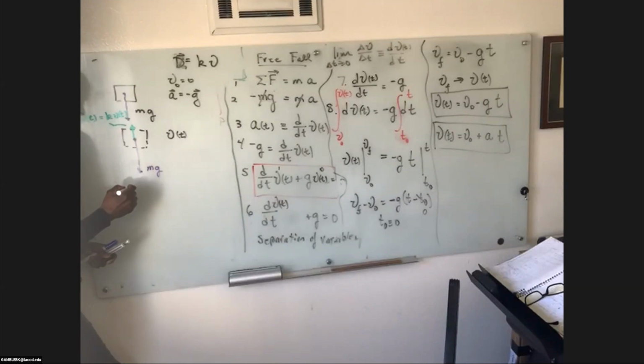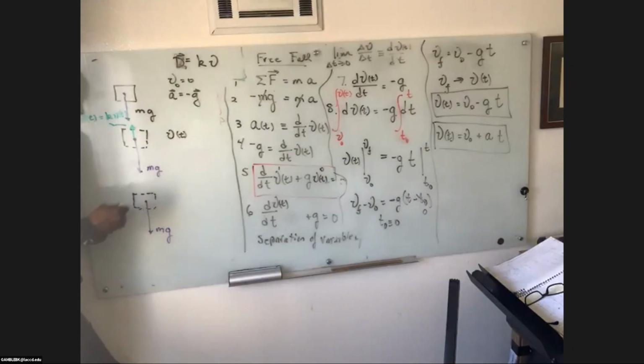Yeah. Now, what about the next instant after that? Like, say, the second second. In the second second, the weight is still mg. But what's happened to the drag force, Abdul, compared to the first second after it was dropped? What's the drag force look like here?